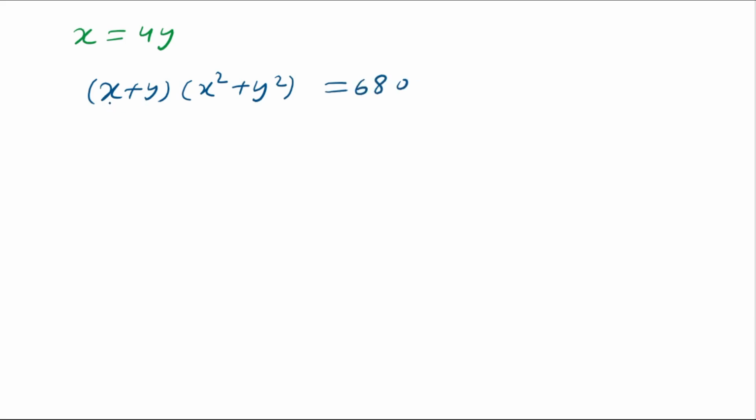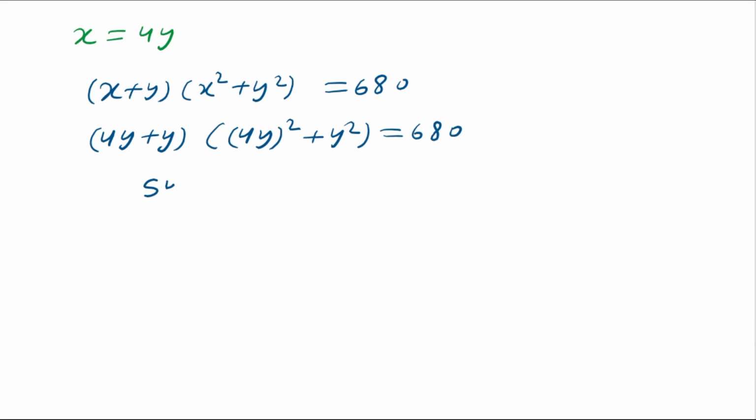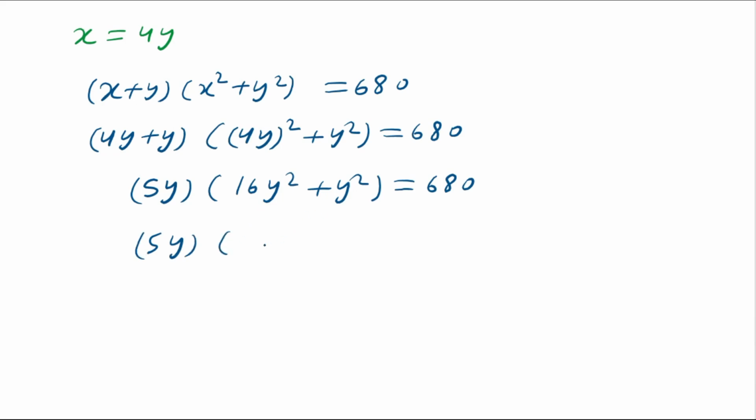Now this x is replaced by 4y, so 4y plus y is multiplied by (4y) power 2 plus y square, and this is equal to 680. 4y plus y is 5y, multiplied by 4y square is 16y square plus y square, this is equal to 680. Now 5y is multiplied by 16y square plus y square is 17y square, and this is equal to 680.